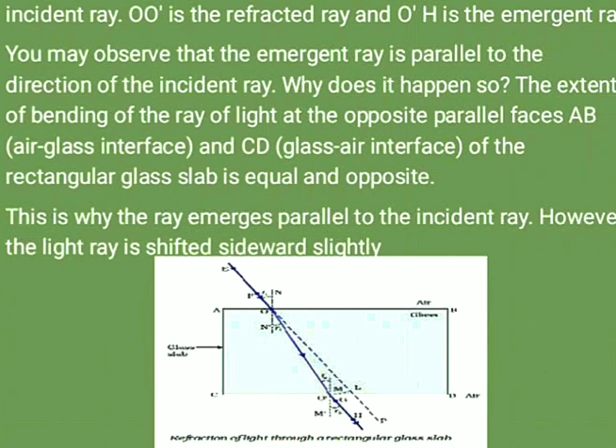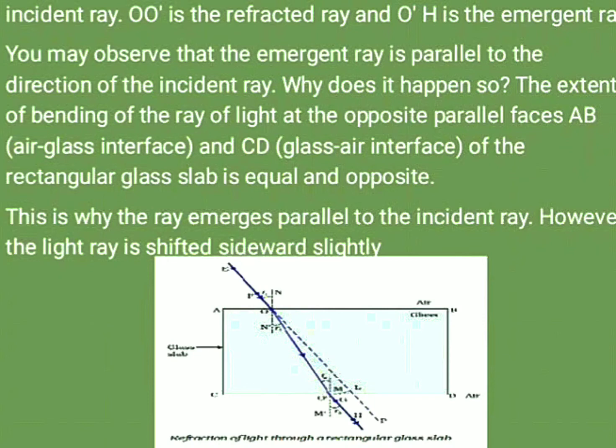Why does it happen so? This happens because of refraction of light. That is, when light enters from air to glass medium at the air-glass interface, the speed of light slightly changes, due to which it bends inside the glass medium.